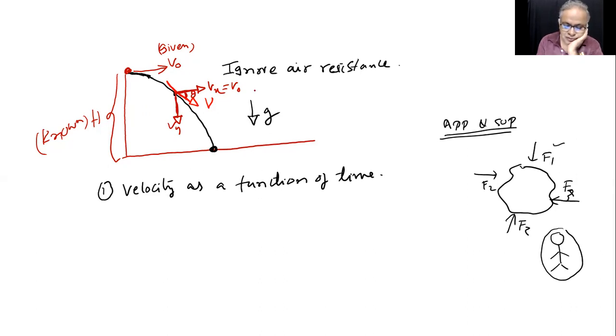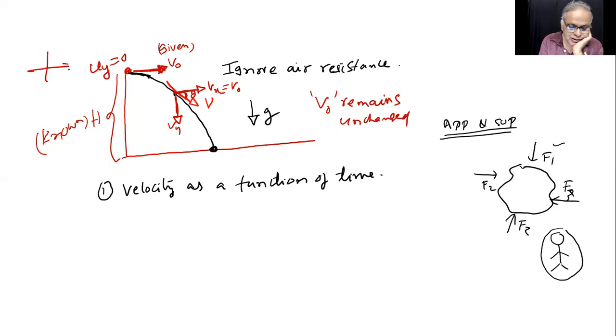So what you need to know is V0 remains unchanged. But since gravity is pulling the body down, the body keeps gaining velocity in the downward direction. Remember here, initially, in the y direction, initial velocity is 0. All the velocity was given only in x direction. For example, if I took x and y like this.